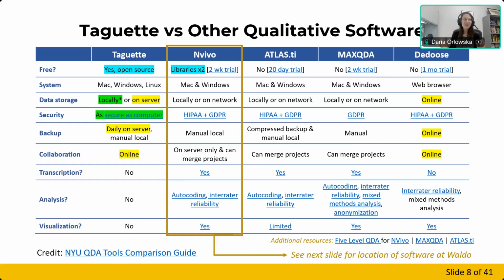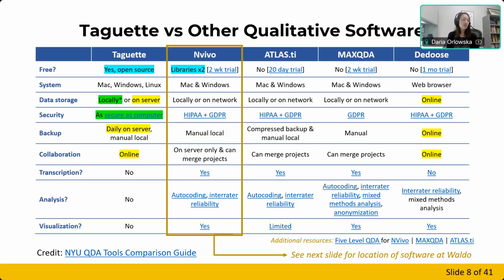So if you find that you get started with TAGAT, but then you want to take advantage of some of those capabilities of other software, you might then go and transfer your information to that other software and use it for that limited time so you don't actually have to pay for it. Because I know that some of these subscriptions get pretty expensive.